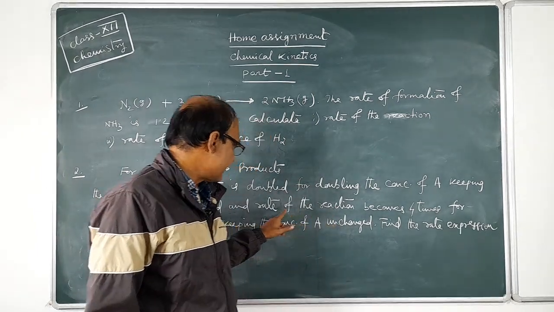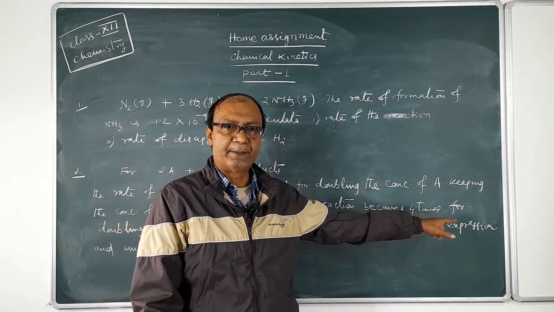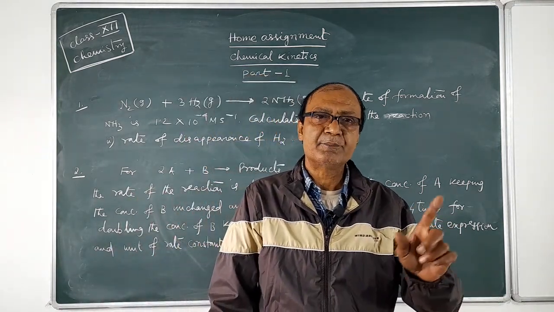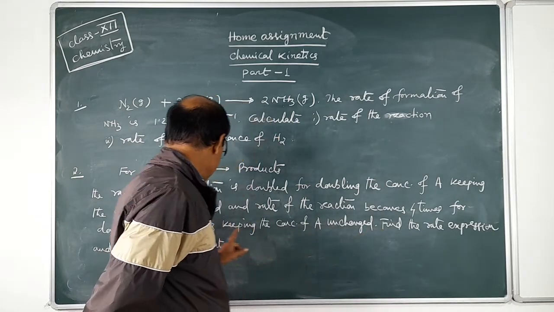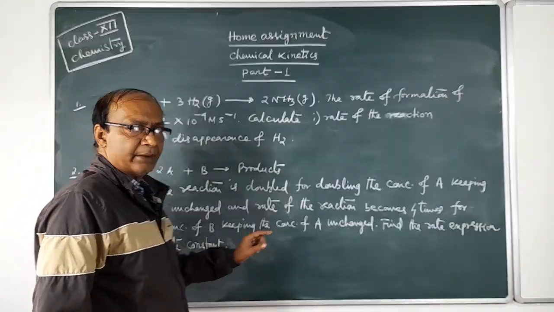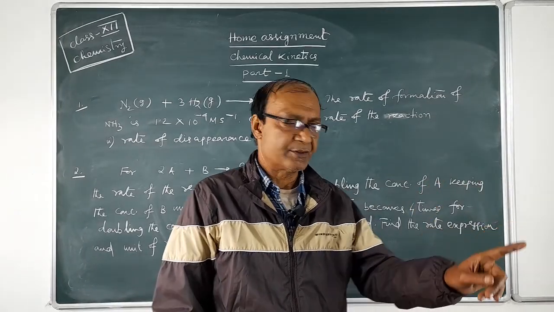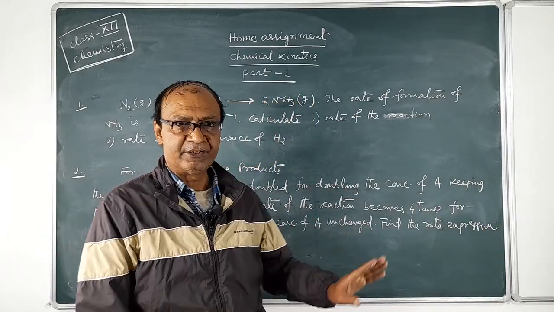Another point: the rate of the reaction becomes 4 times for doubling the concentration of B. When the concentration of B is doubled, the rate becomes 4 times, keeping the concentration of A unchanged.